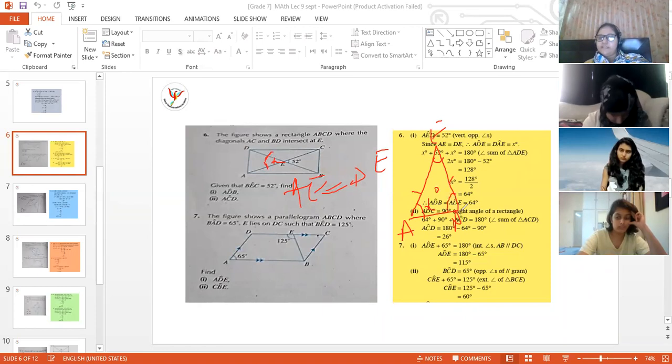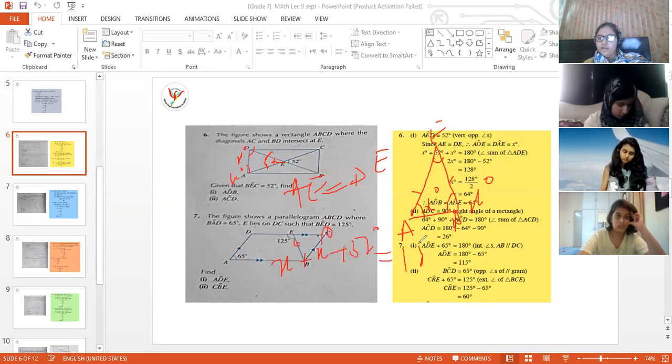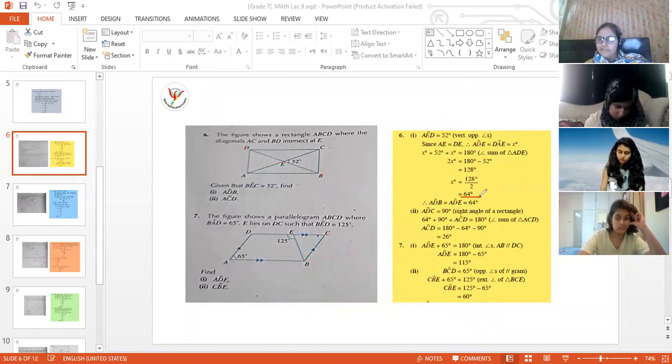If this is X degrees, this will also be X degrees. So I can say angle D is X and angle A is X degrees, right? I can write X plus X plus 52 degrees is equal to 180 degrees. And I can solve the value of X, and the value of X will be 64 degrees, right? Is this clear? Is this clear to everyone?